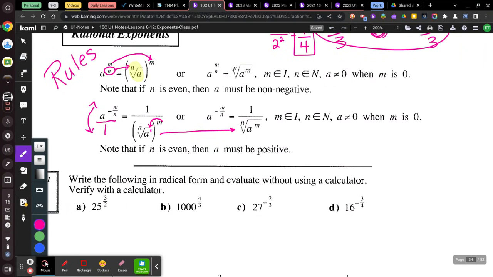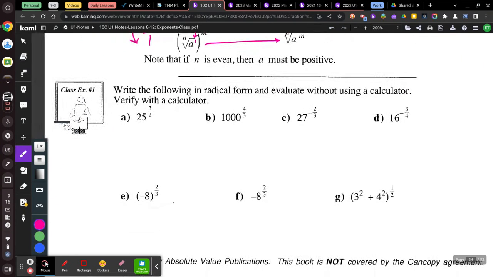Okay? All right, so we're going to evaluate these longhand without a calculator. Here we go, folks. So the first one, convert to radical form. Index of 2, 25 cubed. Okay, so always put your information in a bracket first. Outside exponent goes outside of brackets.